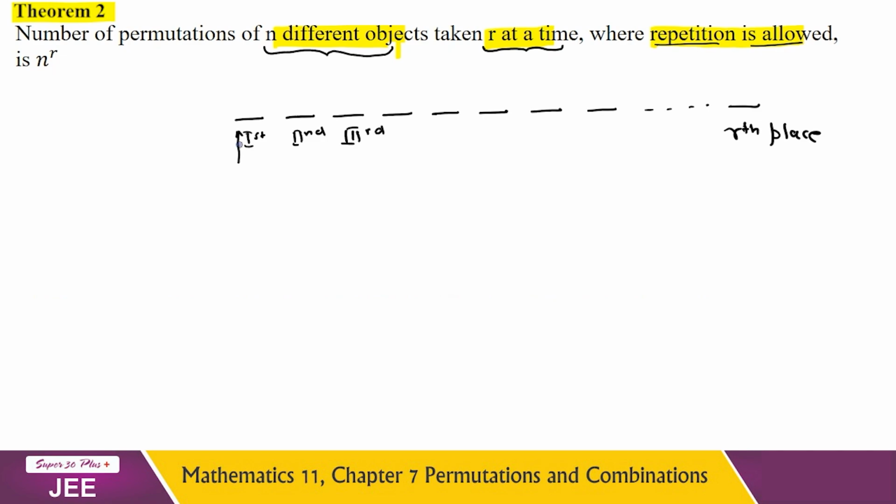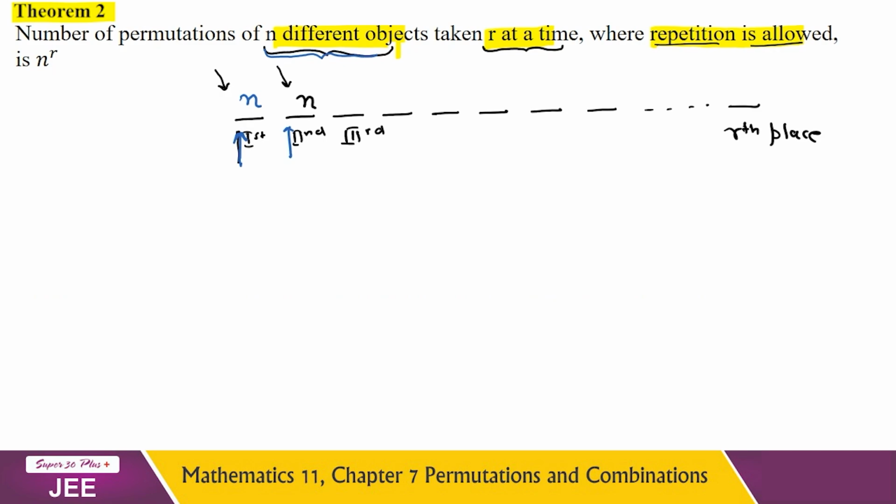Now we have done it many a time that if we have total n distinct objects, then this place can be occupied in n ways. Alright, second place can be occupied in n ways again, because since repetition is allowed, the object that has been kept over here can be kept over here again. That is the meaning of repetition.